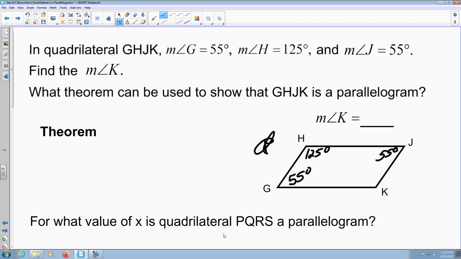They want to know what the measure of angle K is. Well, opposite angles have to be congruent, so it has to be congruent with angle H, so that's going to be 125 degrees. And they want to know what theorem that was. If we look back at the theorems that talk about opposite angles, that was theorem 8.8.